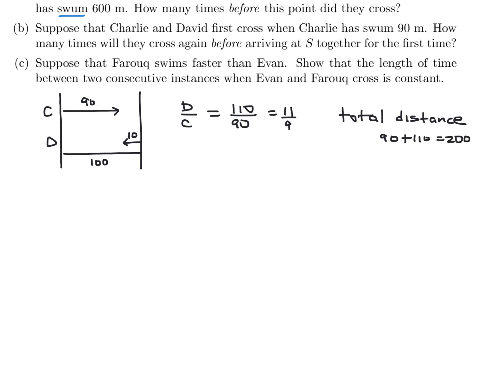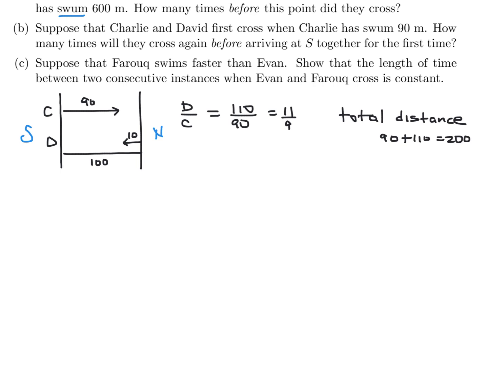So this is just an initial setup, and let's see where we can go from here. Suppose that Charlie and David first cross when Charlie has swum 90. How many times will they cross again before arriving at S together for the first time? All right, so this side is S, and this is north.